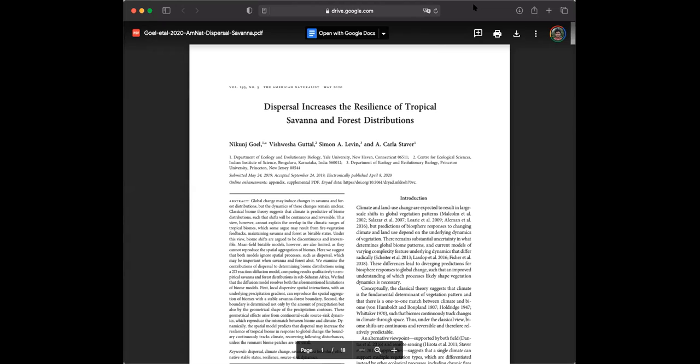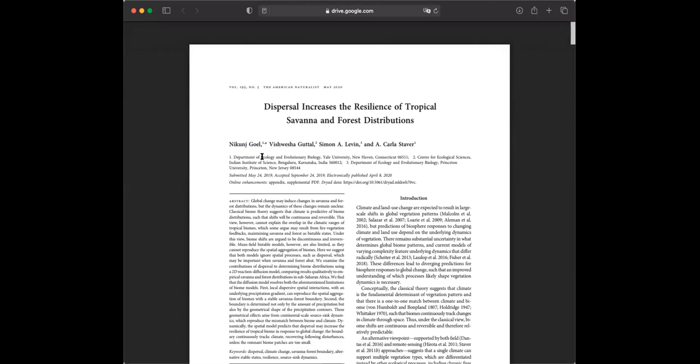And then he continued to work on this for his master's thesis. So the physics student, his name was Nikunj Goel. He actually then published a very, very interesting paper that connects this kind of a reaction diffusion equation model, and he made some prediction on how dispersal, which is modeled by diffusion equation, influences resilience of savanna and forest distributions.